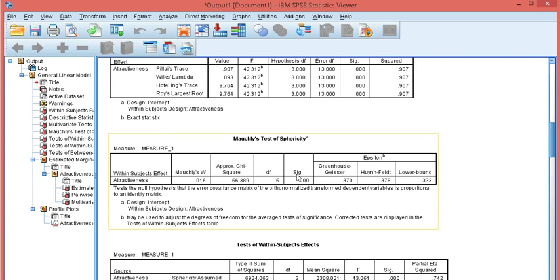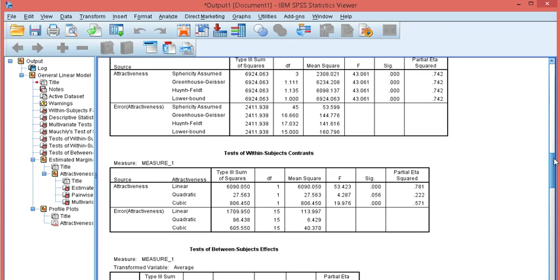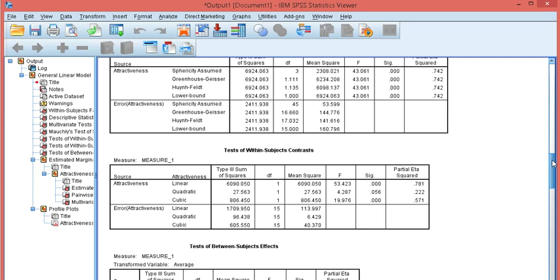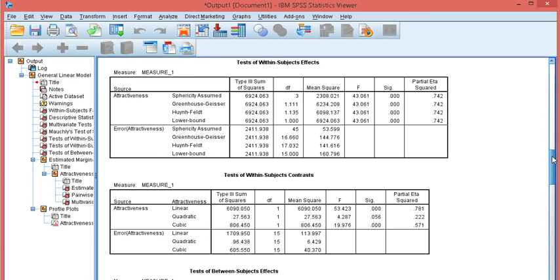But since this is significant, so there has been a violation, there are some corrections in the analysis that we can choose. Now there are three, but maybe this would be enough. The Greenhouse-Geisser correction.